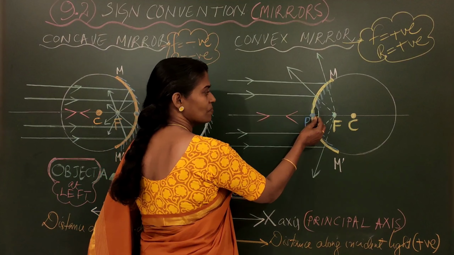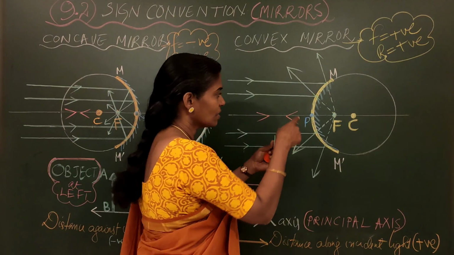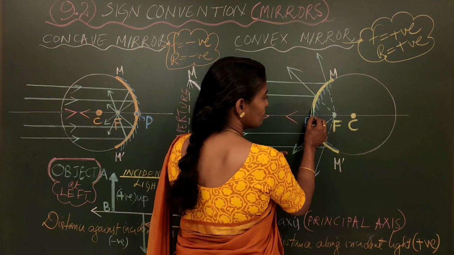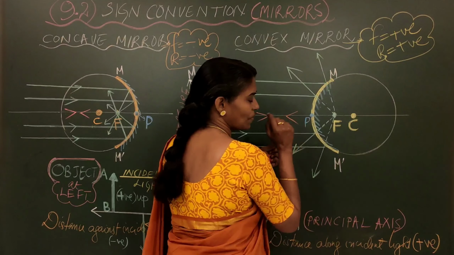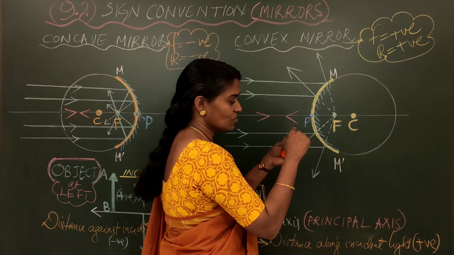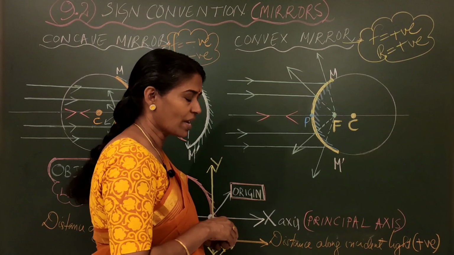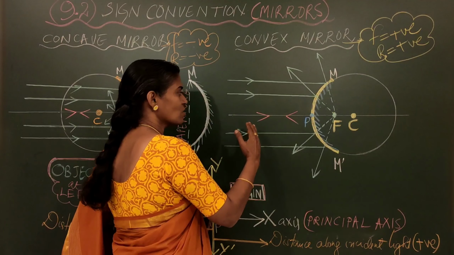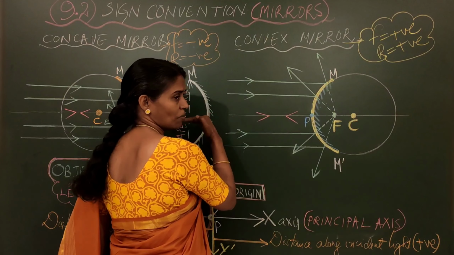So you can see this is the condition. This portion you are seeing, that is what I have drawn here, M dash, and you can see the center point as P. The pole is drawn at the center. So this is a curved surface with pole at the center. Okay. Now in this case also the ray which is going normal gets reflected normally.